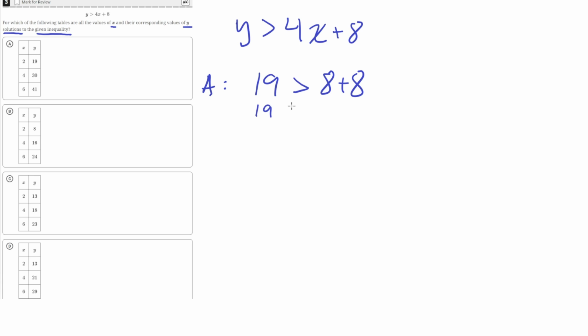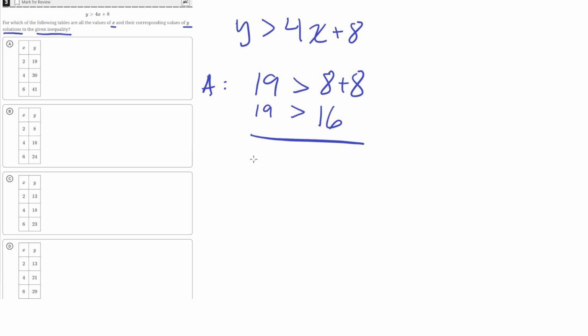So this simplifies to 19 is greater than 16, which is true.